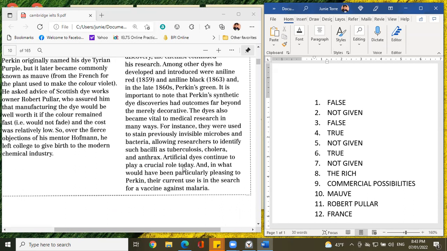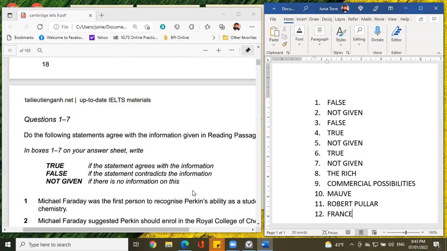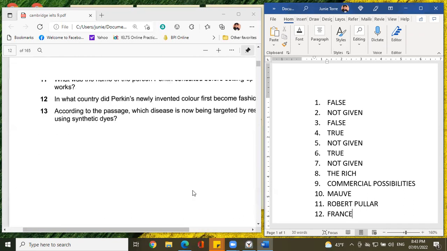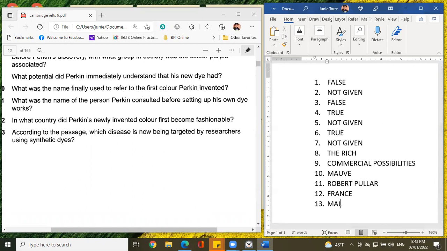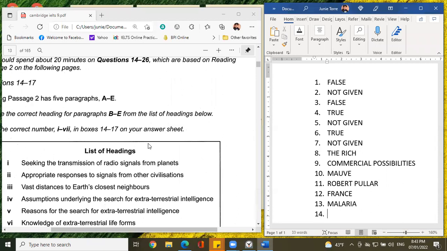Artificial dyes continue to play a crucial role. Their current use is in the search for a vaccine against malaria. Is now being targeted by researchers. Malaria, guys. Okay. Woohoo! We are done with that.